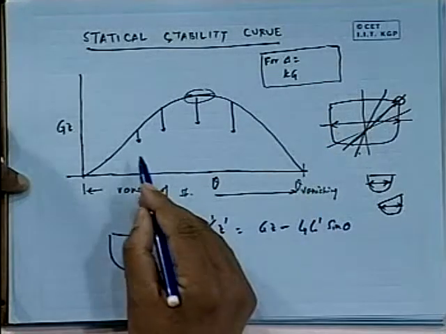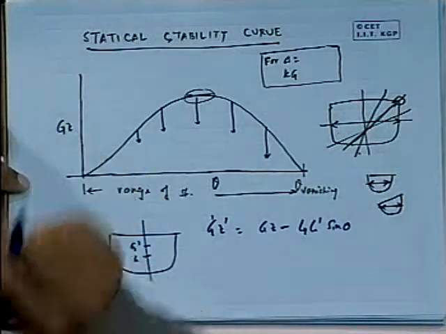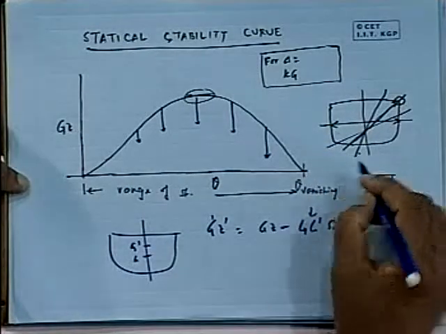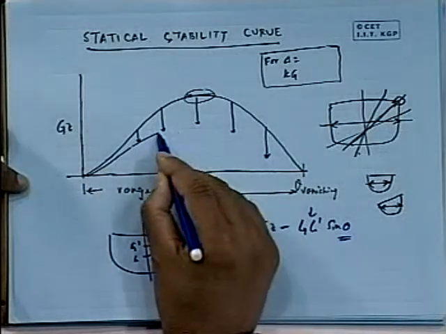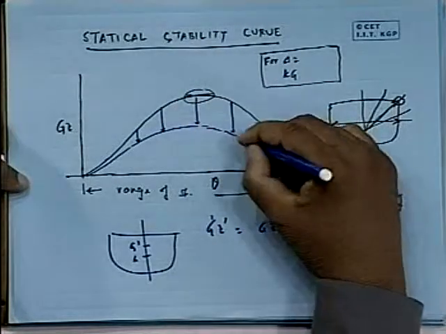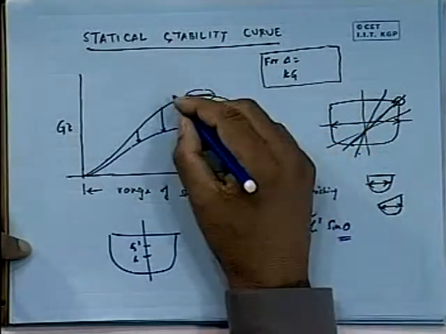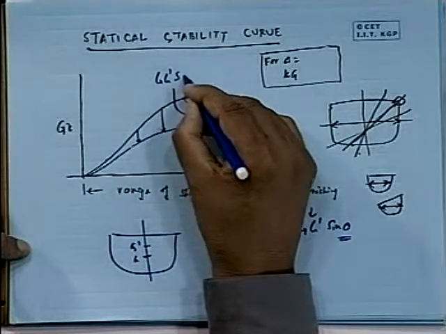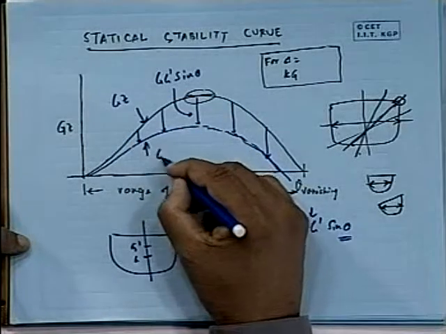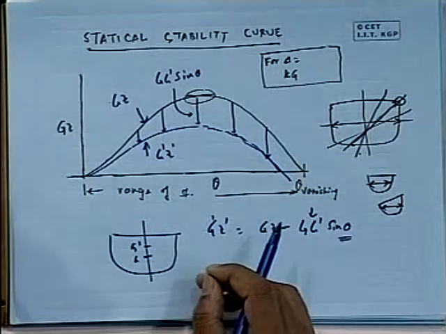You will find these gaps increase as I go up, because GG1 is a constant, but sin theta goes up to 90 degrees. So this curve will become like this, the range will come down, and this gap goes up. This is GG1 sin theta. This was my original GZ, and this will be my G dash Z, the real GZ when I have raised the CG to some extent. So it comes down.